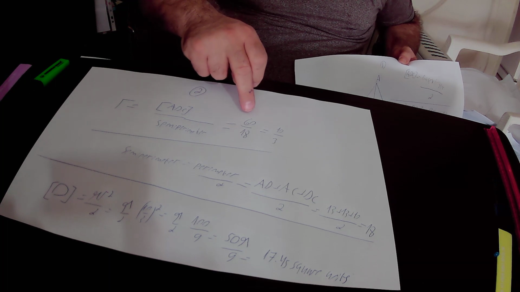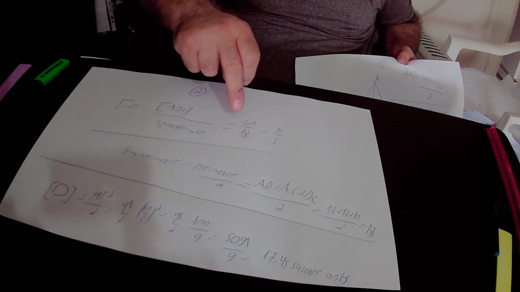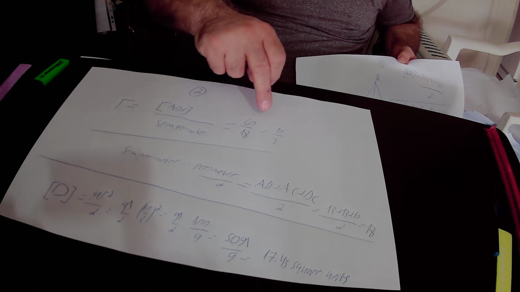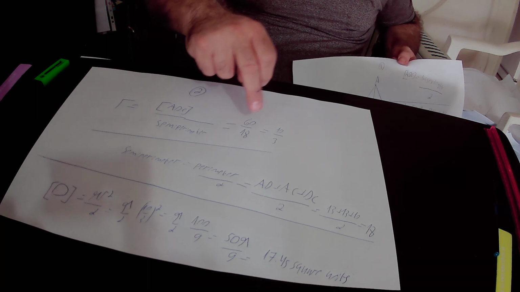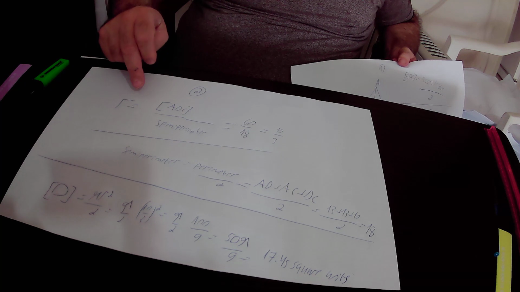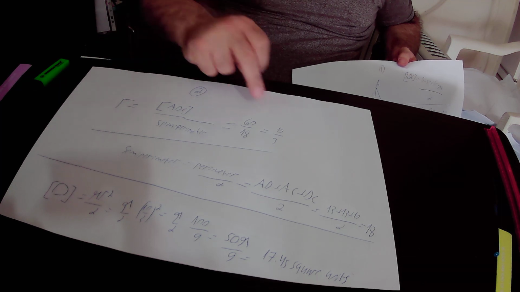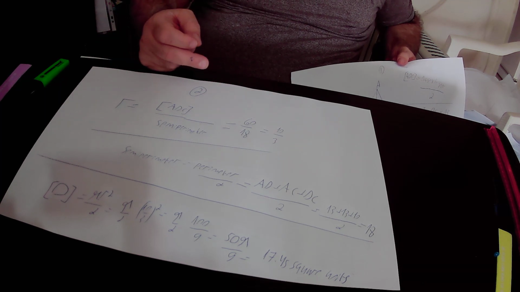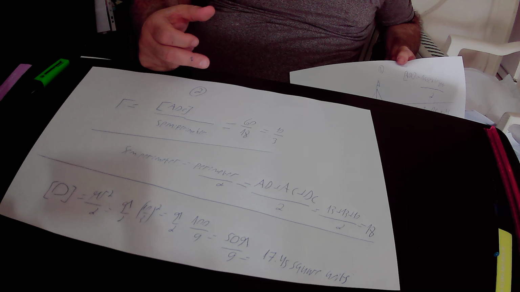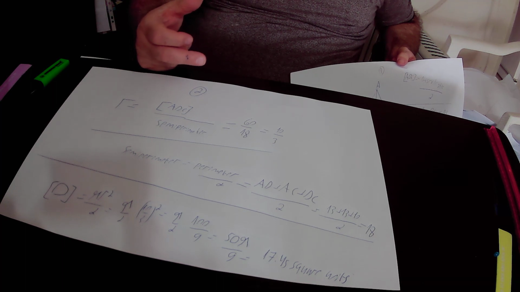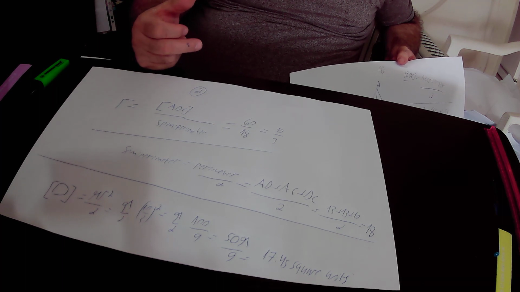We divided both the numerator and the denominator by 6. 60 over 6 is 10, and 18 over 6 is 3. So the radius of the circle inscribed in triangle ADC equals 10 over 3, and the circle itself is composed of the two semicircles that we are looking for.